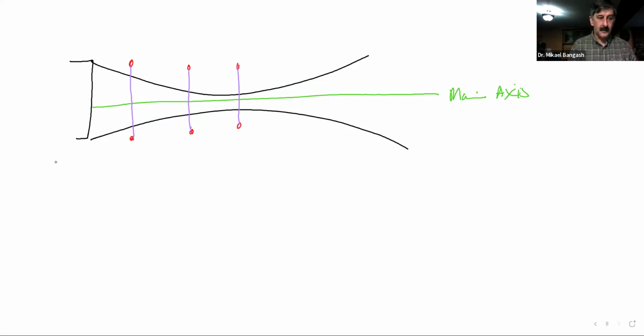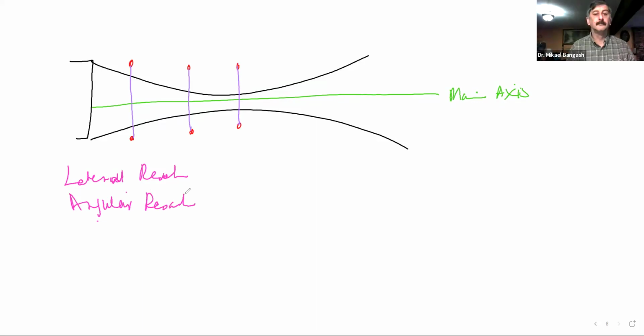Now, what we said was that the word lateral literally meant on the side. So that's why it's called lateral resolution. It's also going to be called the angular resolution.